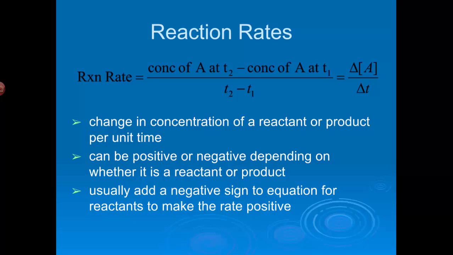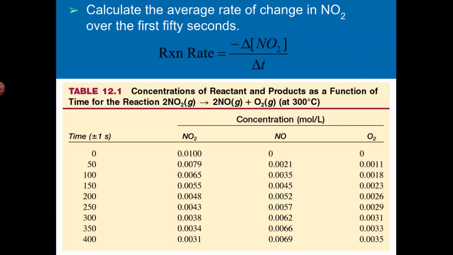Now you'll notice in this figure over here we have brackets, and brackets in chemistry represent the term concentration, molarity usually. So here's an example of some data that was taken for the decomposition of NO2 into NO and O2. At various times, the concentration in moles per liter was measured.